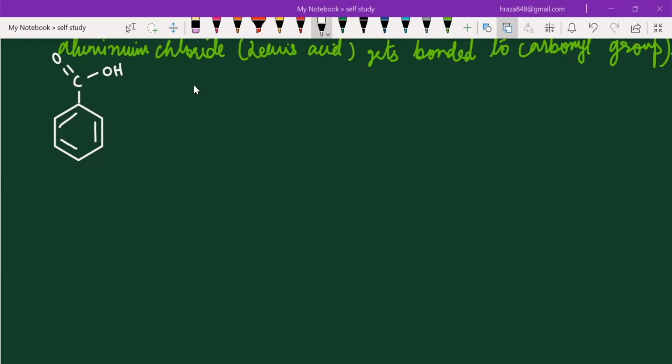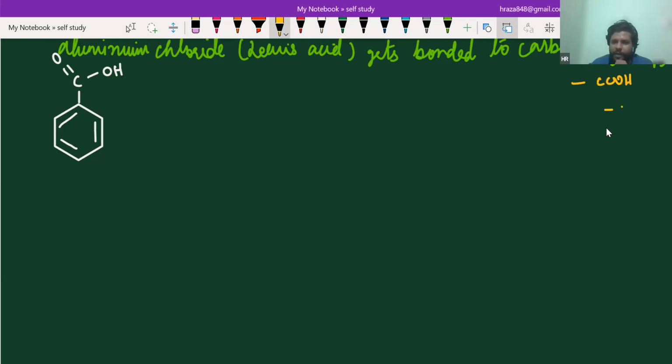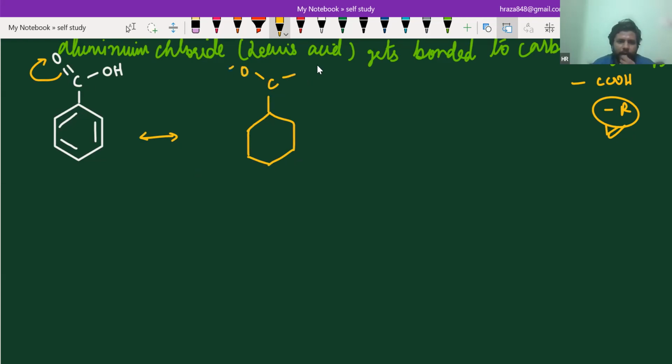Yes, are you done with this? No, sir. I have a doubt in this. Okay, explain. See, this COOH is a ring deactivating group, which means it shows a minus R effect. That means it will take electrons. Oxygen is more electronegative, so it will withdraw electrons from carbon, and there will be a bond like this. So this is C, and it will be O negative, and there is OH.